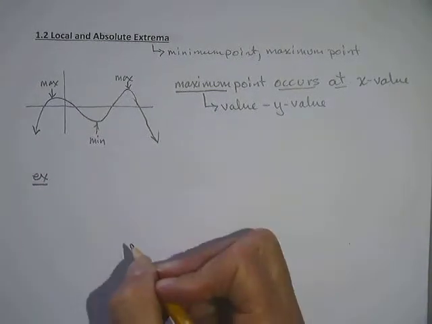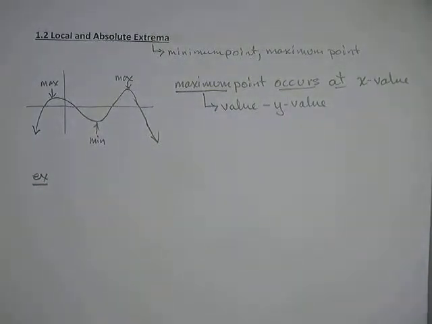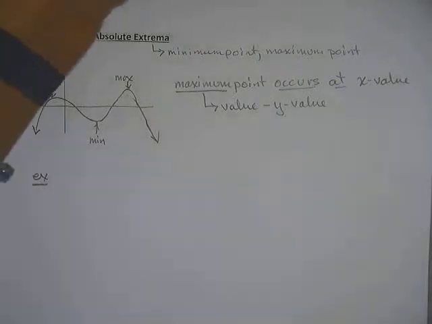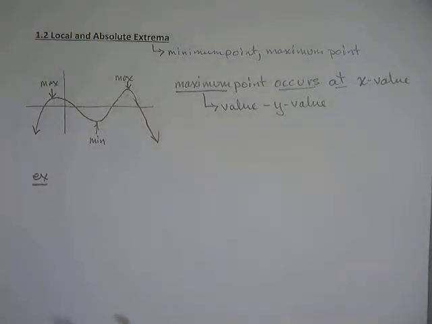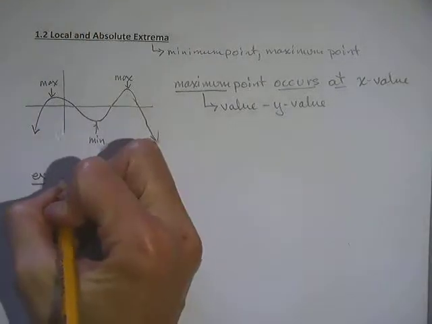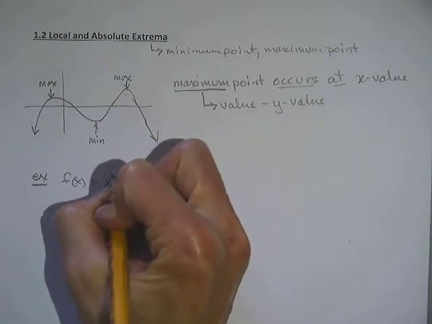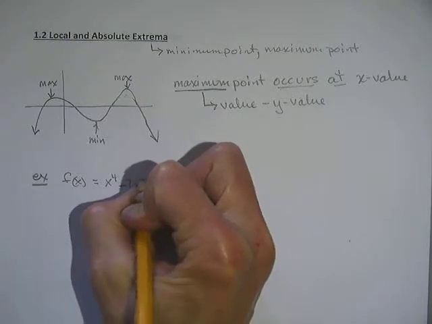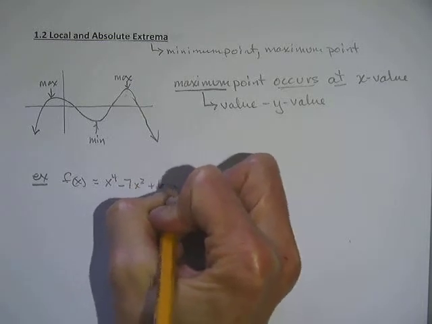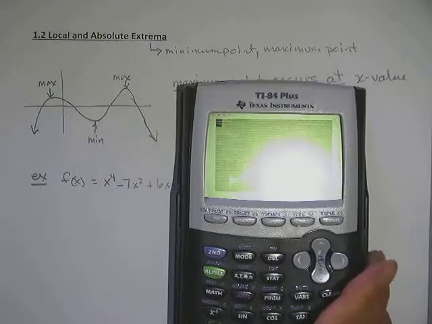Let's just make one up. Here we go. Let's say that I've got some sort of a polynomial function, and we need to see what its maximum and minimums are. Well, we're going to type in, let's say, f of x equals x to the 4th minus 7x squared plus 6x.